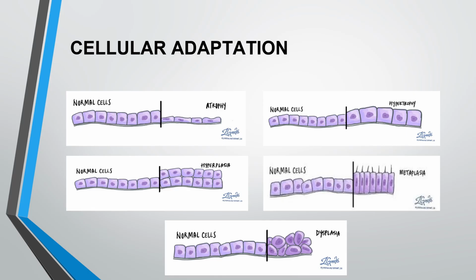Below that, hyperplasia, more cells. Same size cells, just more of them. This only happens in tissue that can actually divide, so keep that limitation in mind. Then we have metaplasia, which is cells saying, this environment is hostile, I need a different skill set. They swap one mature cell type for another that's better suited to survive.